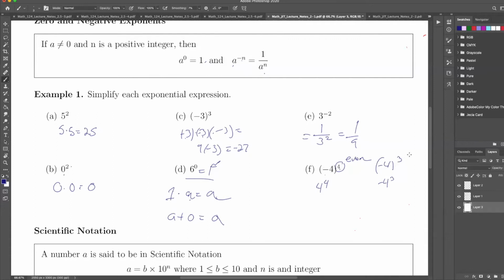And if it's odd, you're going to get the negative back. Notice here we had an odd power, and we got back negative 27. Here, 4 times 4 is 16, times 4 is 64, so this would be minus 64. And this will be positive 256.